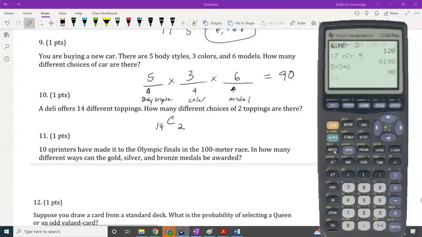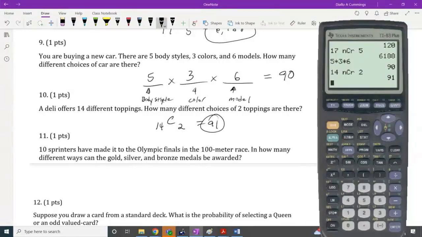I'm going into math, over to probability. 14 combination 2 is 91. So number 10 was a combination. The order of the toppings doesn't matter.